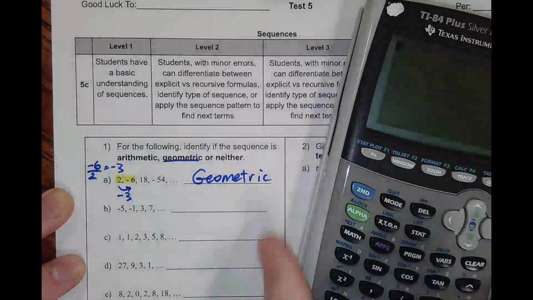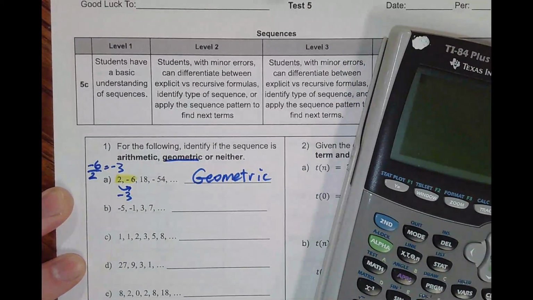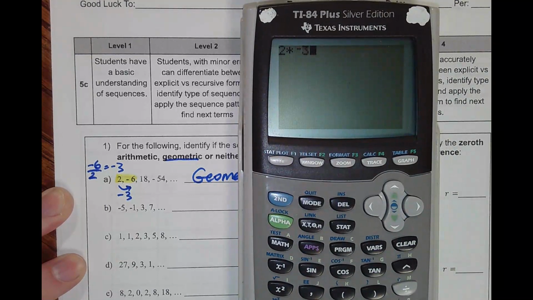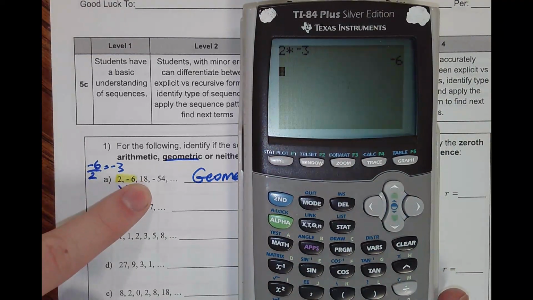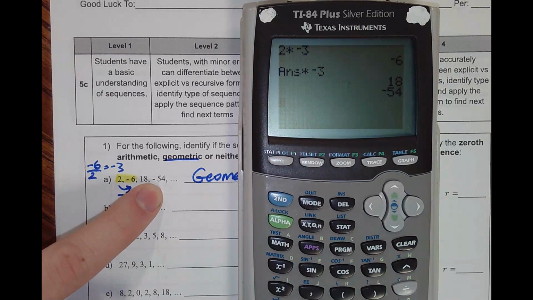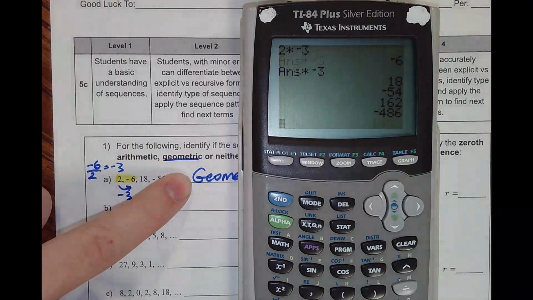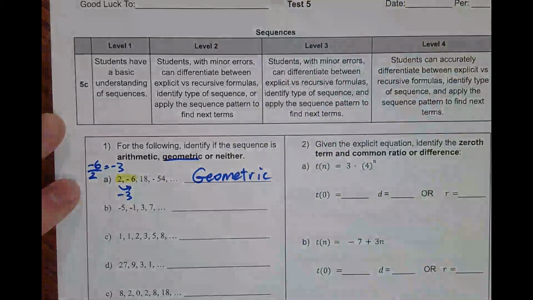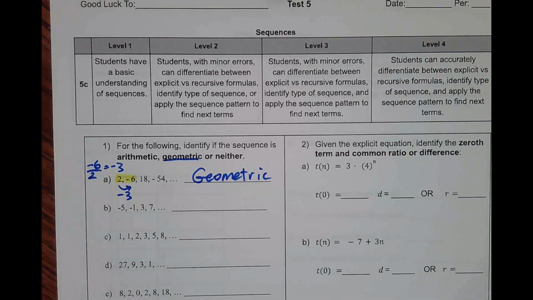And we can go ahead and check if this truly is a geometric sequence. 2 times -3 is -6. That times -3 is 18, then -54. Positive, negative, positive, negative. Notice how the numbers are changing because it's being multiplied by a negative number.